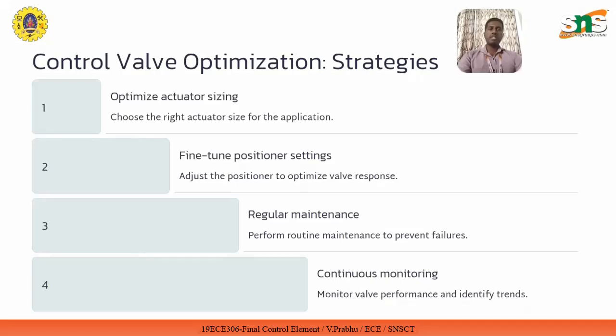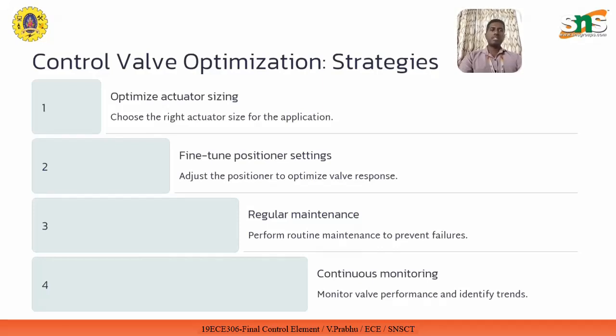And the third one is regular maintenance of the control valve. Periodically you have to clean the moving parts, check the pneumatic tubings, lubricate, and replace the gland packings over a period of time. This regular maintenance is necessary to optimize the working of the control valve.